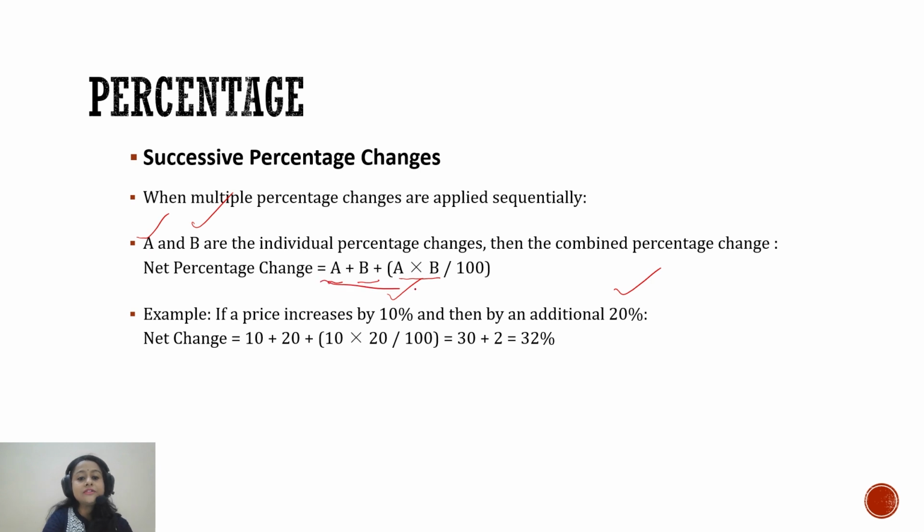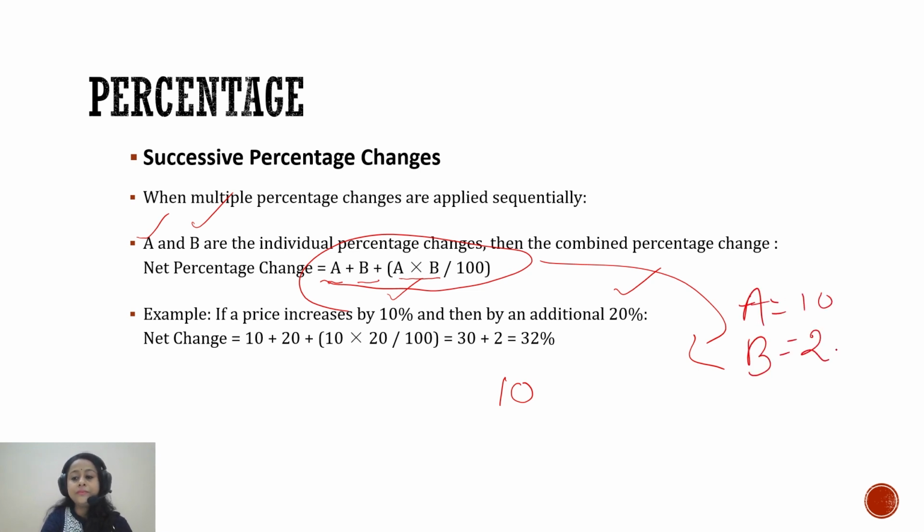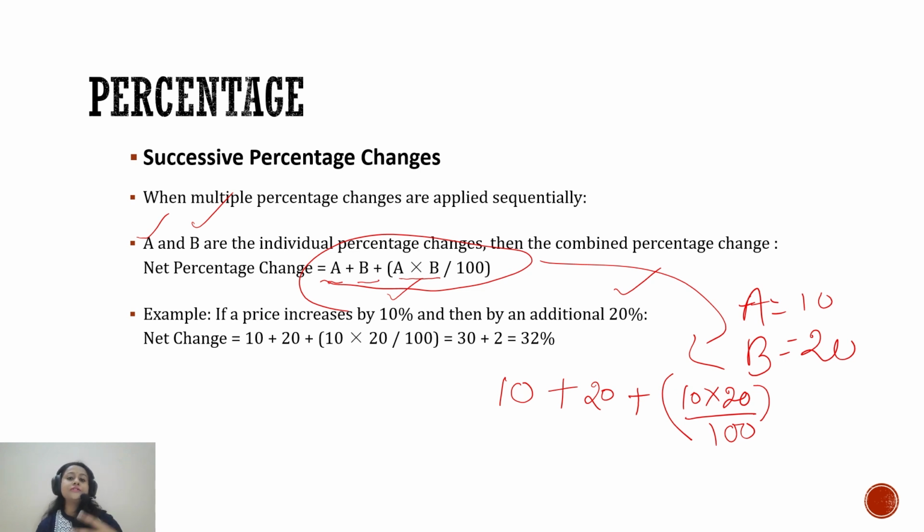Okay, so applying this particular formula, first we will write 10 because A is 10 here. A is 10 and B is 20. So 10 plus 20 plus A into B, that is 10 into 20 by 100. That will give you the total percentage change. Suppose there are two successive percentage increases and you want to find out the total percentage increase, then this formula will give you the total percentage increase.